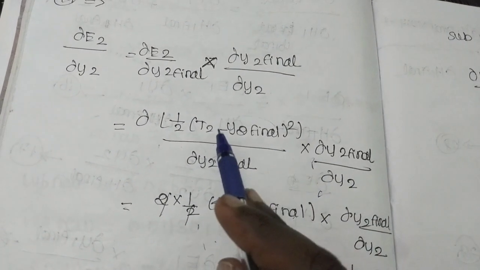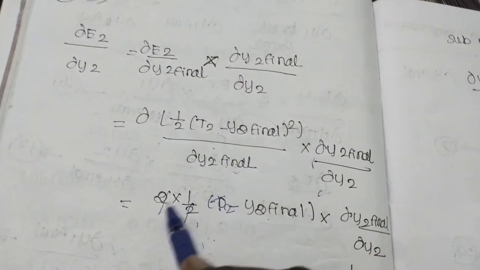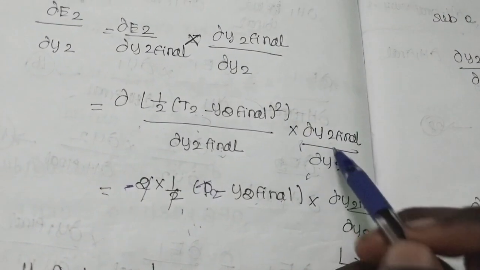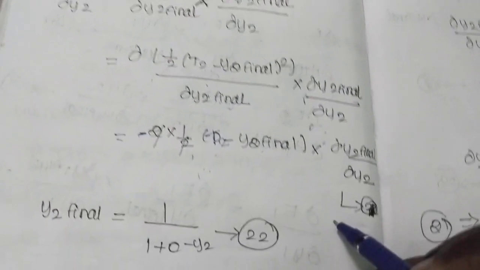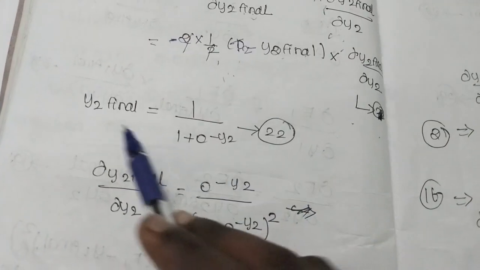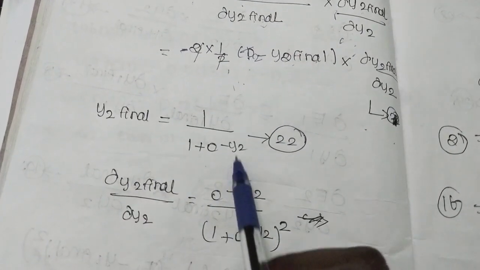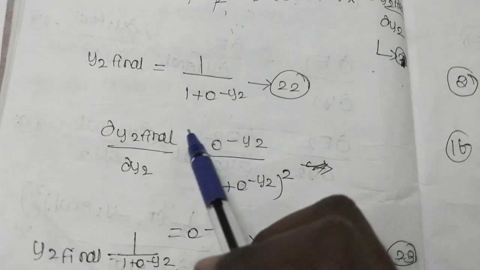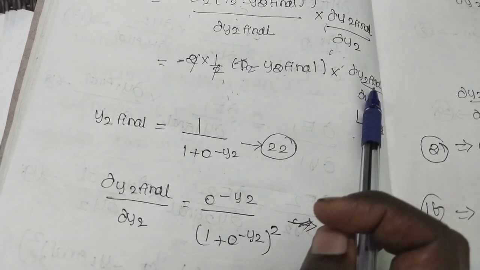Differentiating again with respect to y2 final gives the negative sign, and the remaining is ∂y2 final divided by ∂y2. So this is the next equation. Now I am rewriting y2 final as 1/(1 + e^(−y2)). This is equation number 22. I want to find the value for e^(−y2) by differentiating.